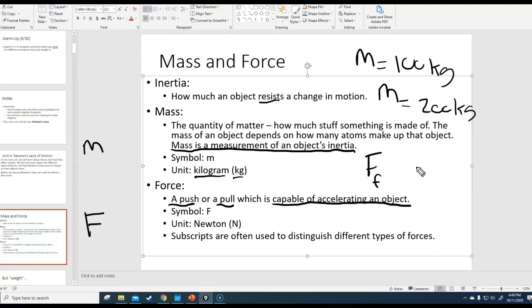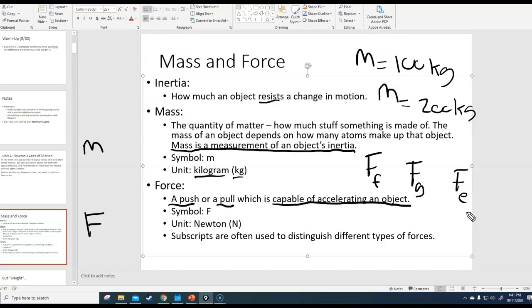Or let's say I wanted to talk about the force of gravity. I might write F with a subscript G. Okay, or what if I had an electric force? I might put Fe for electric force. And so there's lots of different types of forces in the universe. They all have the symbol F, but we use little subscripts to distinguish between different types of forces.